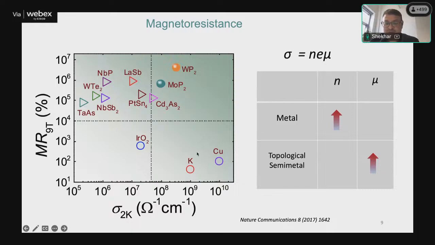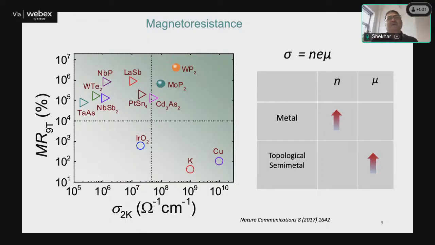But those are good metals that are not very sensitive in the presence of a magnetic field. Our semimetal has an equivalent conductivity to copper, potassium, or aluminum, but these semimetals are very sensitive to magnetic field. That's why we have a huge amount of magnetoresistance.